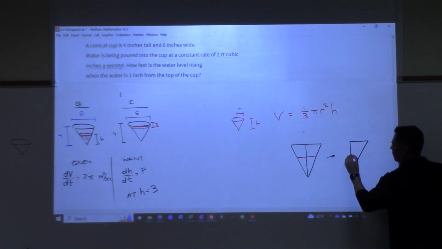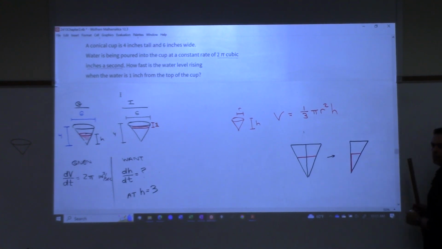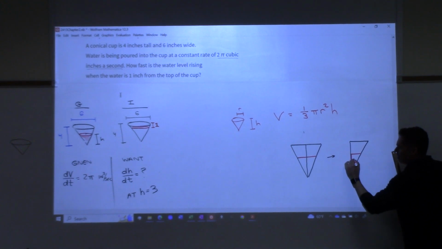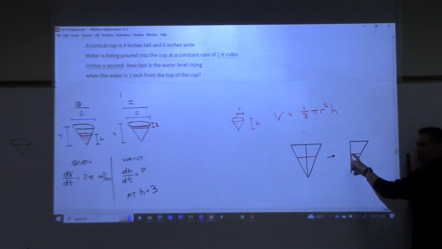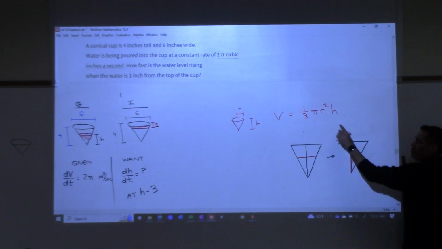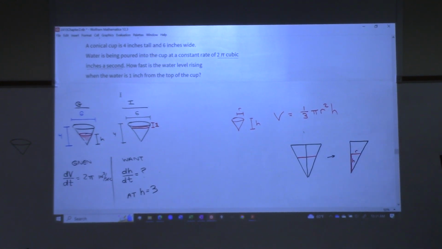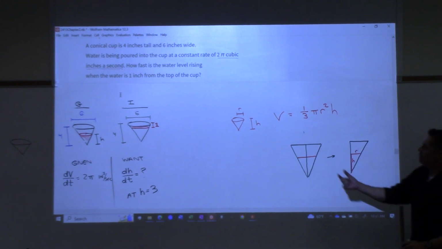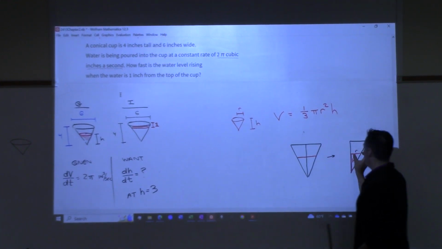I'm going to label it like this. There's my water. Do you all agree that the distance from here to here is h? From there to there, that's h. Do you all agree the distance from here to here is the r that we're referring to in that formula? Like this r right here is that r.